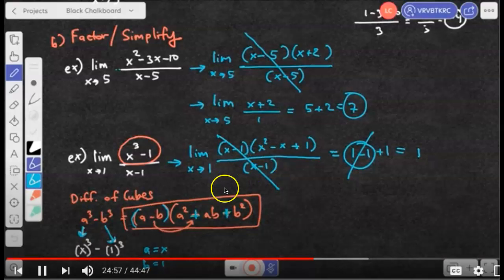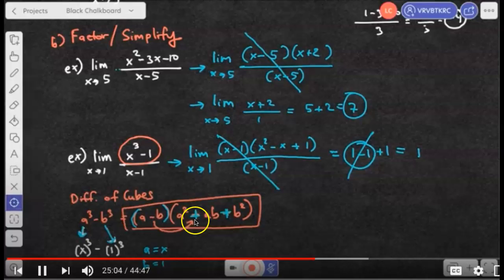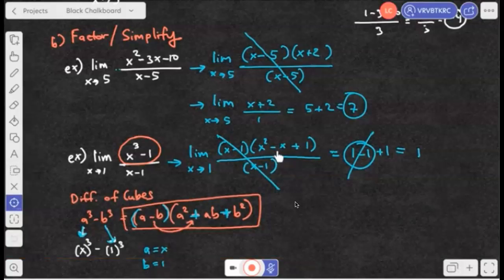And there it is in red. That term was always plus. That is the difference of cubes formula. After the a squared there's a plus sign. So in here, as you see the finger pointer, that minus should have been a plus.